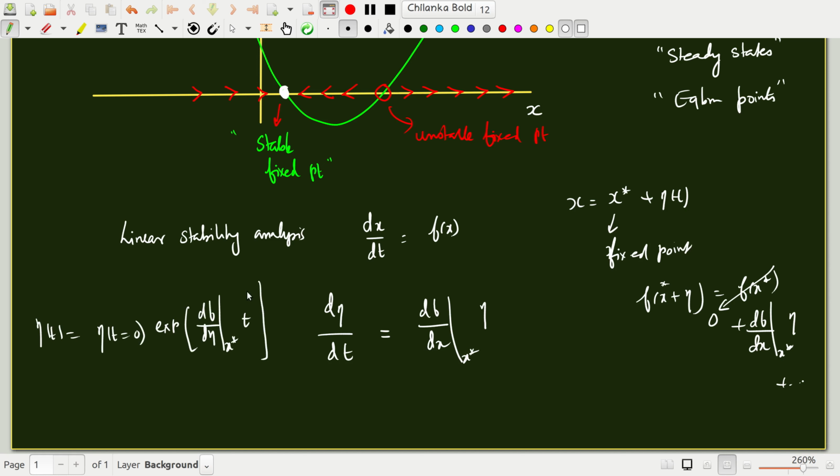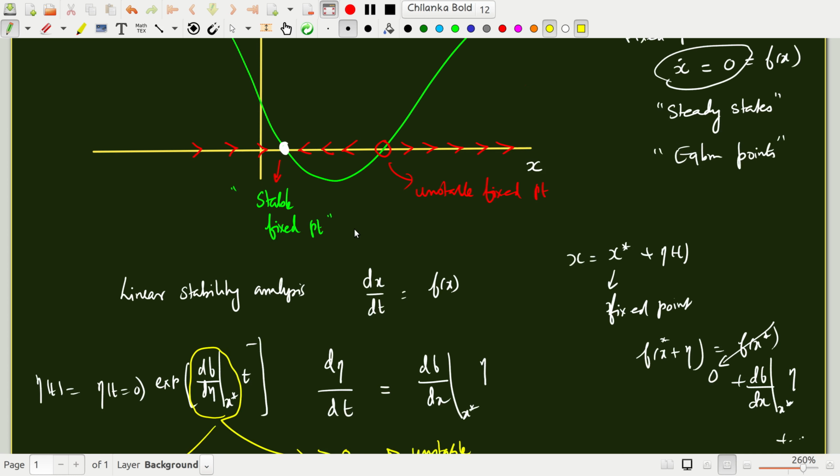So if this coefficient that multiplies time is greater than 0, then it's unstable, because the deviation from the fixed point is going to fly away. It's going to increase exponentially. If it is less than 0, it is stable, because now the deviations are going to decay and you're going to go back to the same old fixed point.